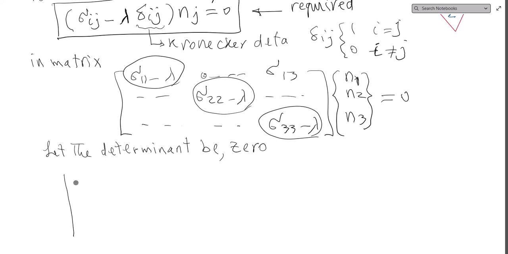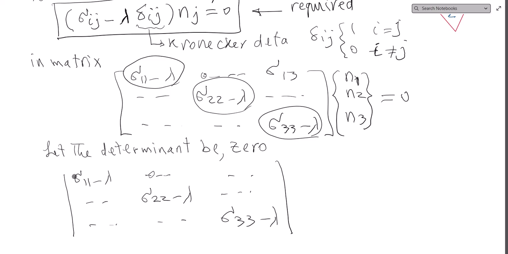So in other words, the determinant of the matrix with sigma 1 1 minus lambda, sigma 2 2 minus lambda, sigma 3 3 minus lambda, and so on, becomes 0.